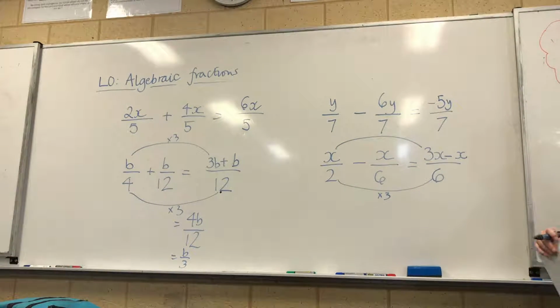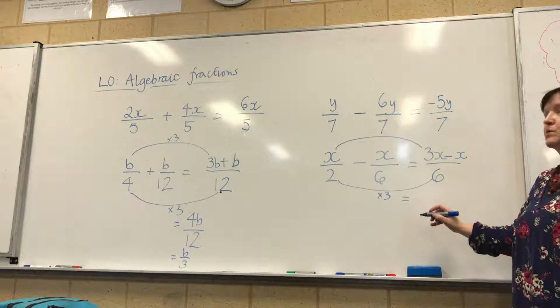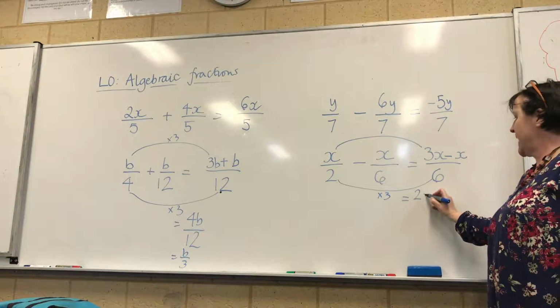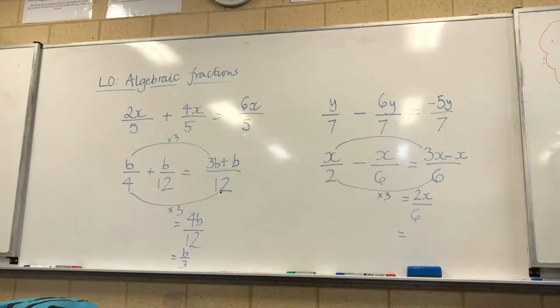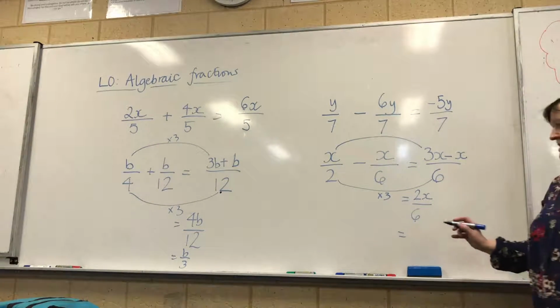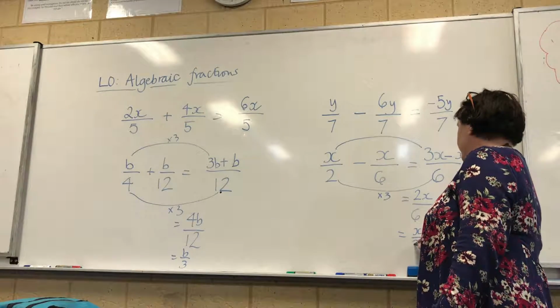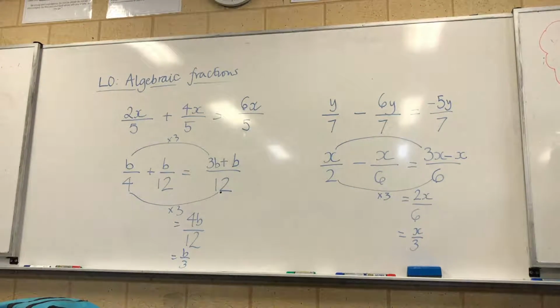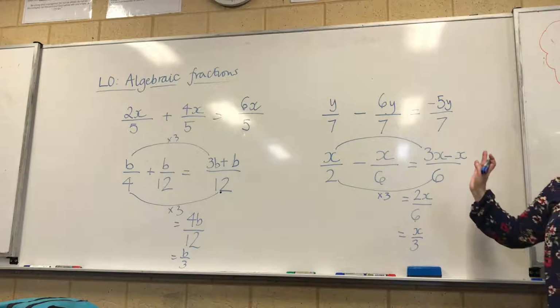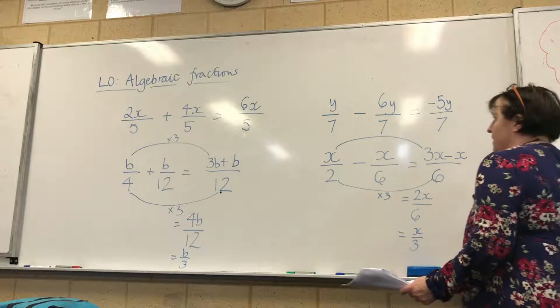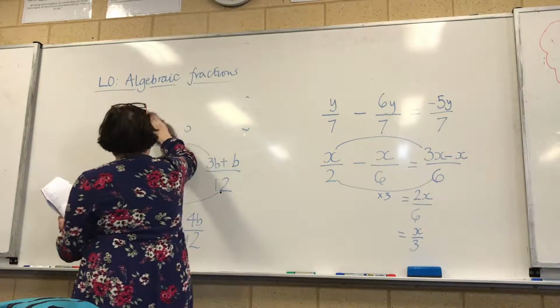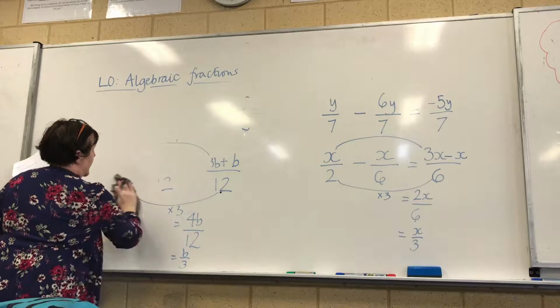And now we've got 3x take x over 6, which is 2x over 6, which simplifies to x over 3. x over 3. Well done. Or 1/3 x, if that's what you want to call it, but x over 3. So is everyone with me with these ones? Sure? Okay, right, let's just do another couple, and then we'll look at multiplying.